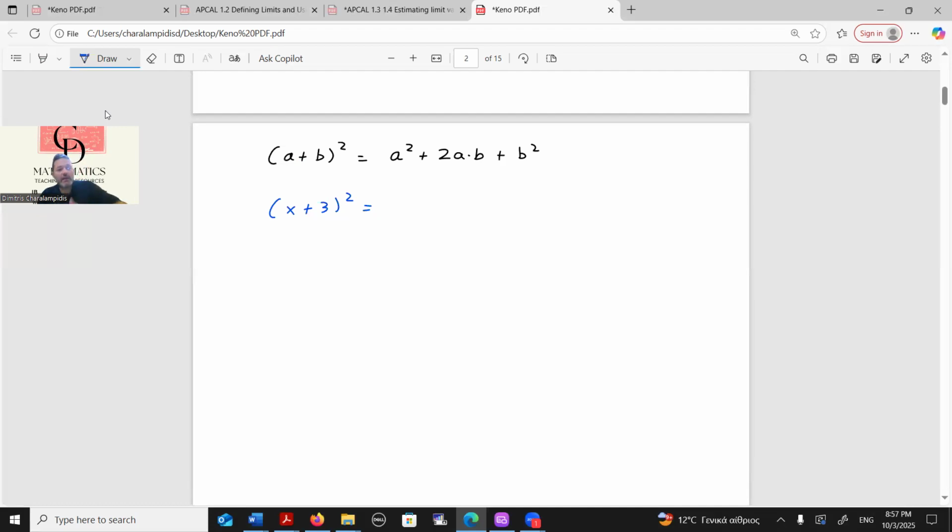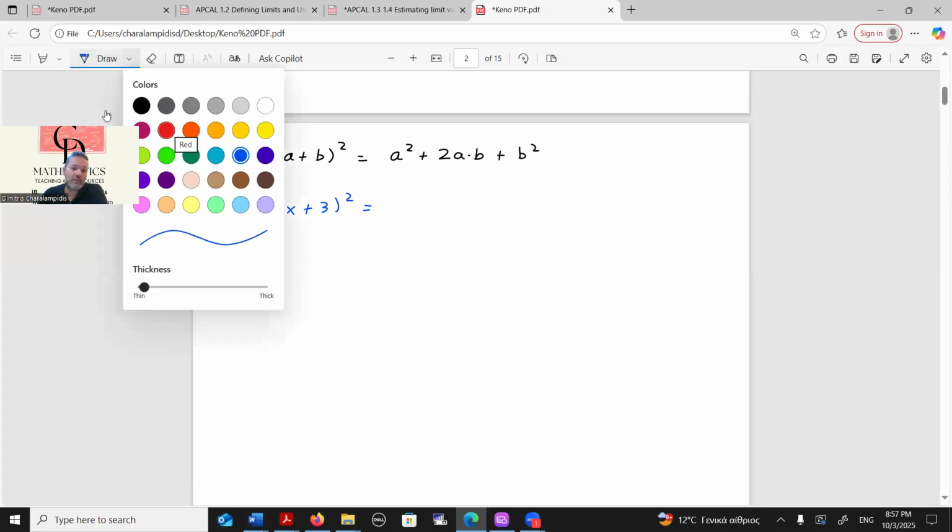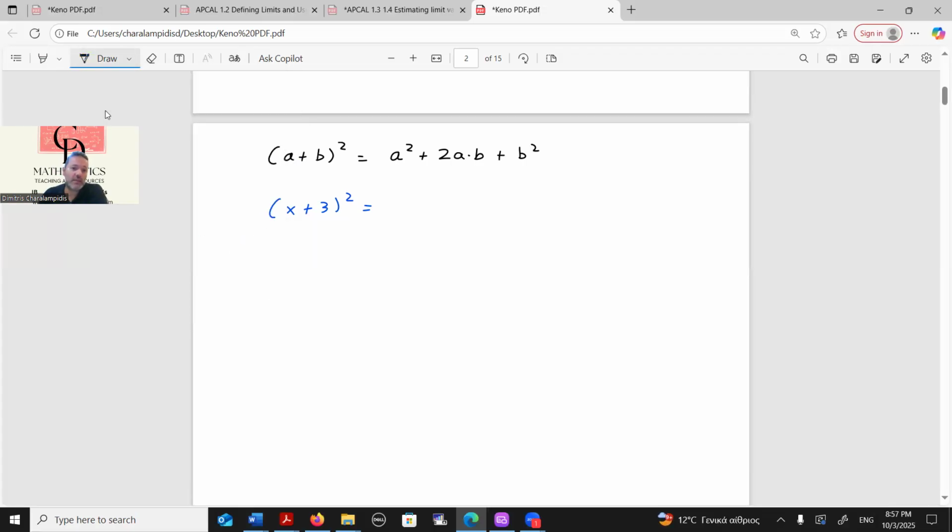Instead of doing again that x plus 3 squared is equal to x plus 3 times x plus 3, we can jump directly to the result. In order to do that successfully, we just need to understand who plays the role of A. Obviously, x should play the role of A, and who plays the role of B?